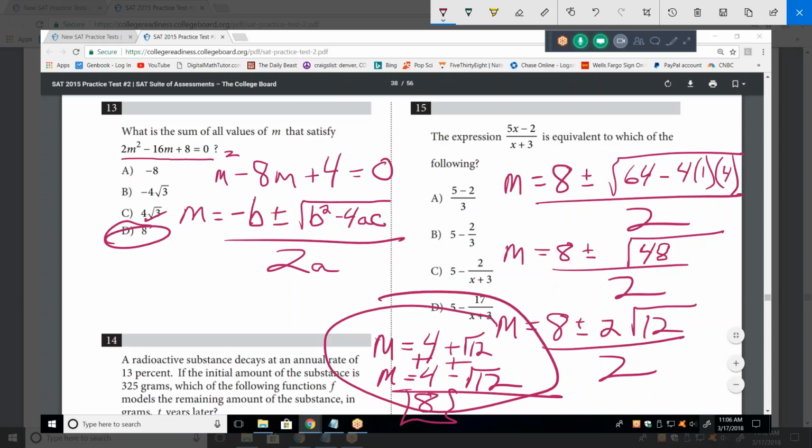Now, if we think about it, the moment we have to apply the quadratic formula, it always gives you irrational answers. Whatever is in the radical is going to cancel out when I add the two solutions.